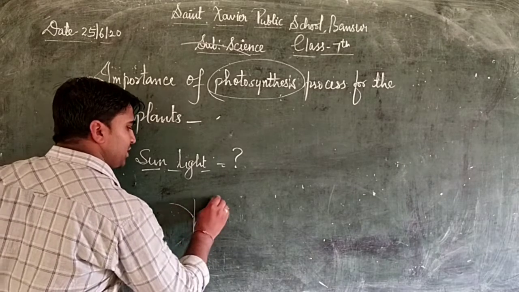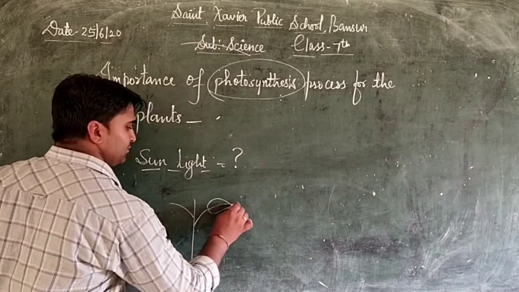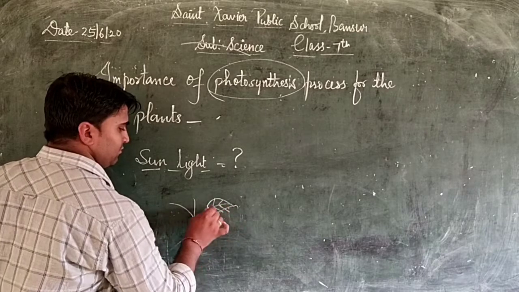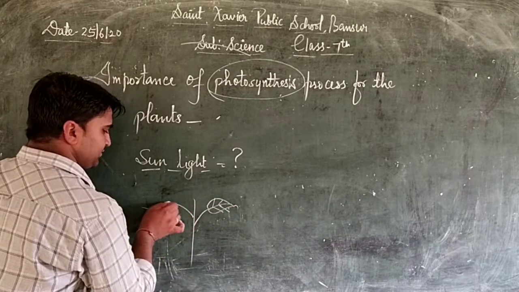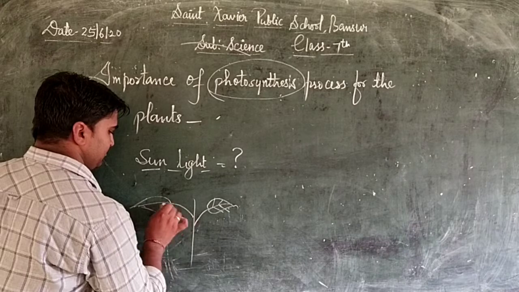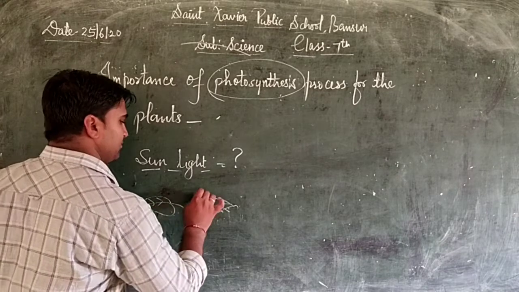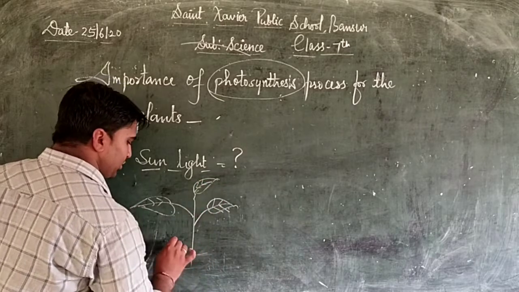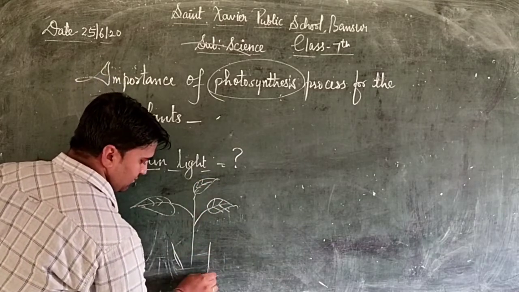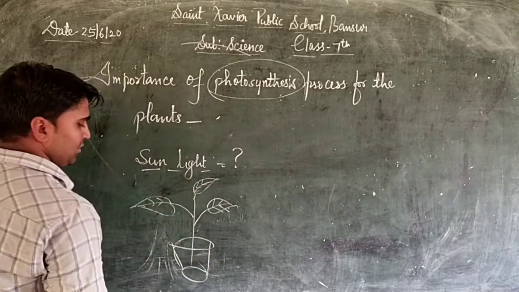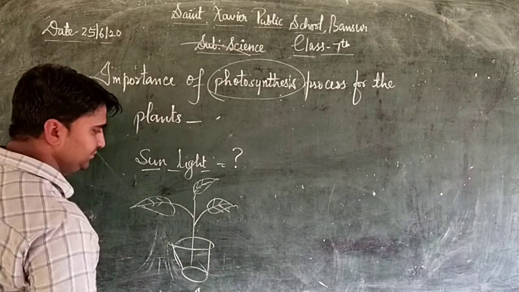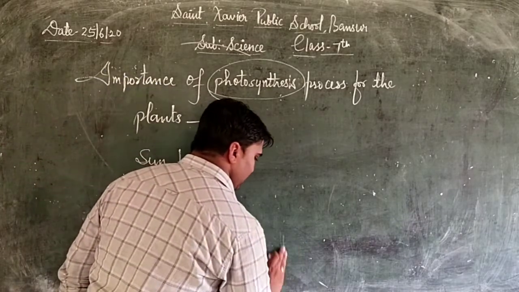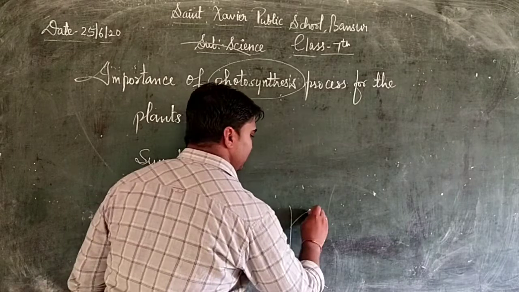You have to take one plant. We will do one experiment for this. Like this way we have a potted plant. So this is plant A. And second, we also have to take one more plant.